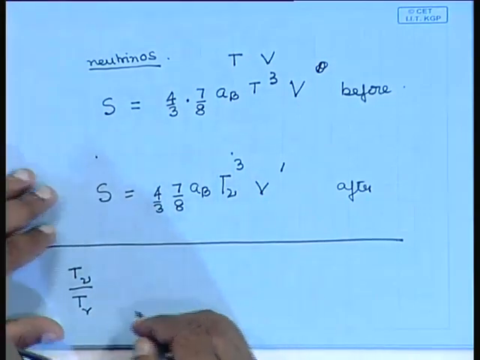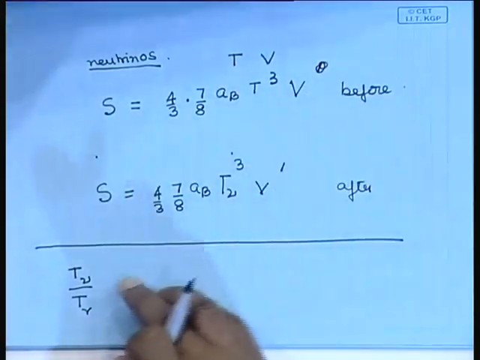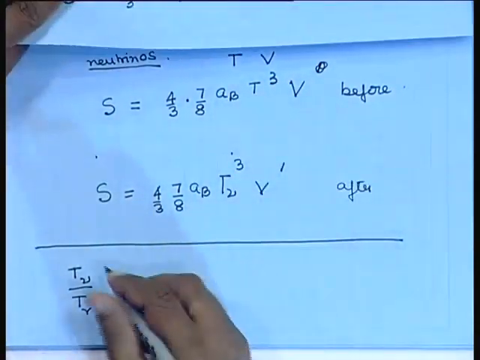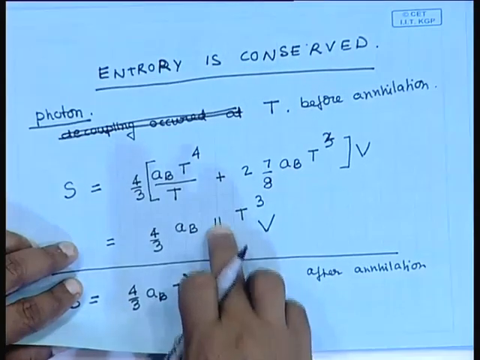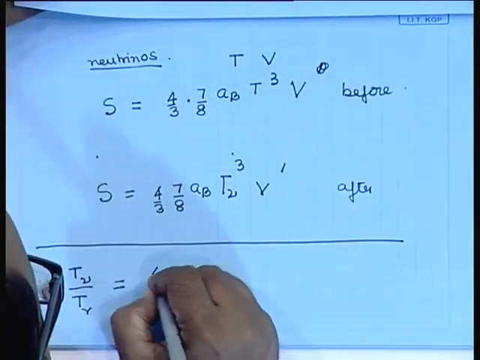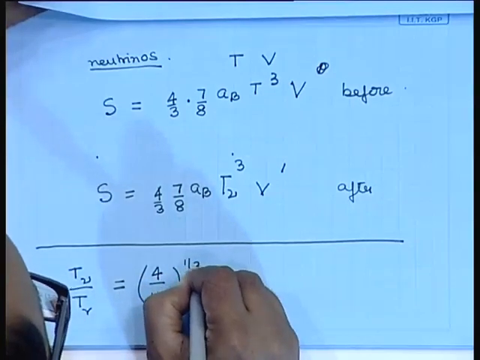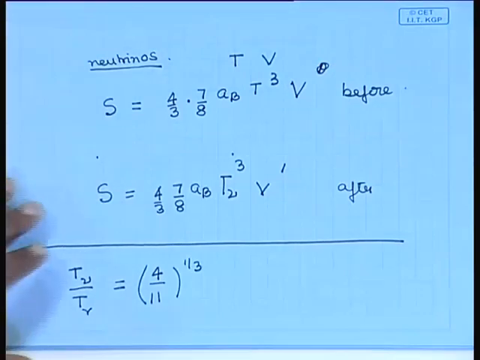So from these two you can just eliminate this T over here, and what you will get is that this is equal to this factor, 4 by 11 to the power of 1/3, right. This is a factor from here.